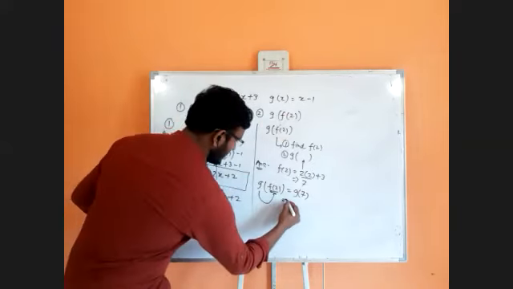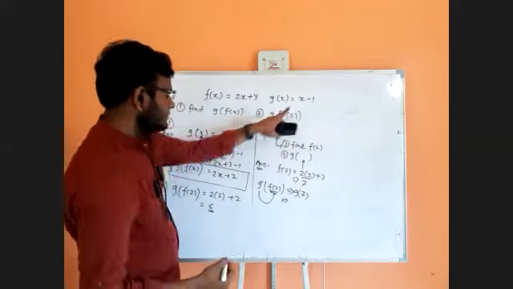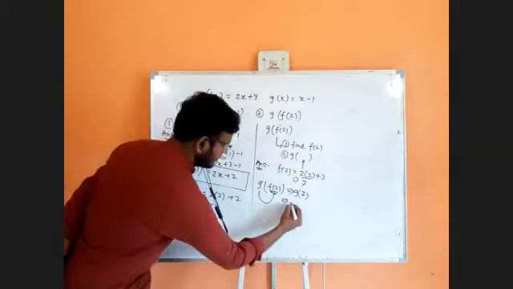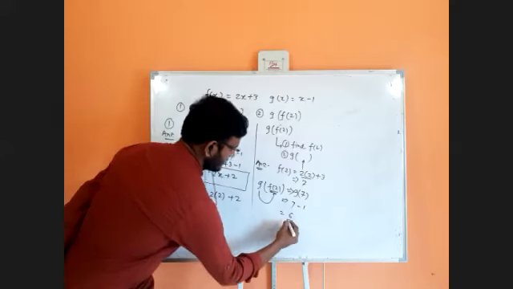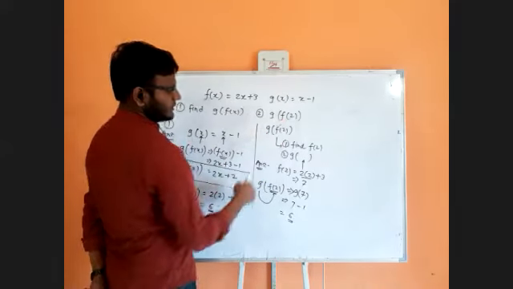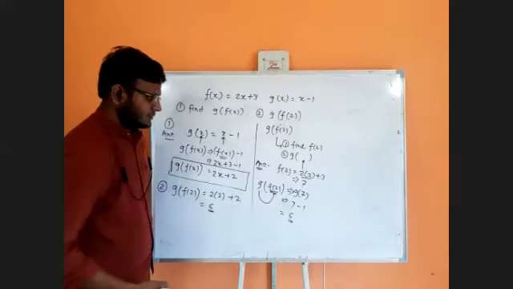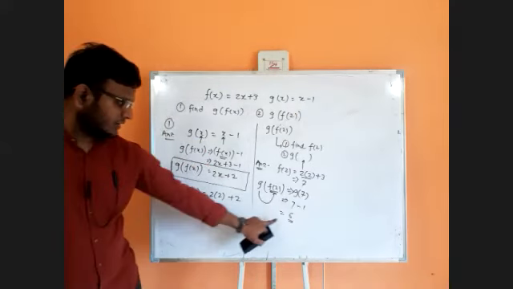So g of 7 will be, just put in 7: 7 minus 1, because g of x is x minus 1. So g of 7 is 7 minus 1, which is 6. Okay, you're getting the same answer to the concept.